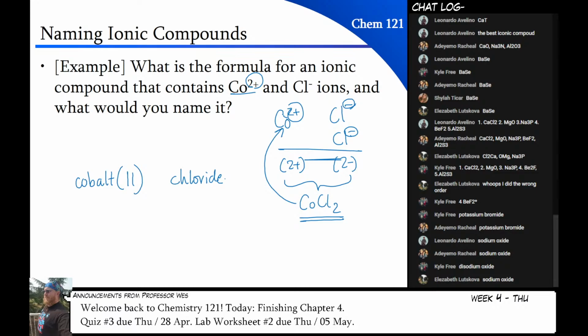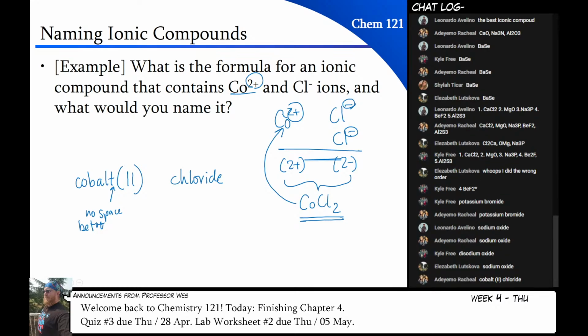And then the Cl is chloride. Notice that there's no space between the metal and the parentheses.